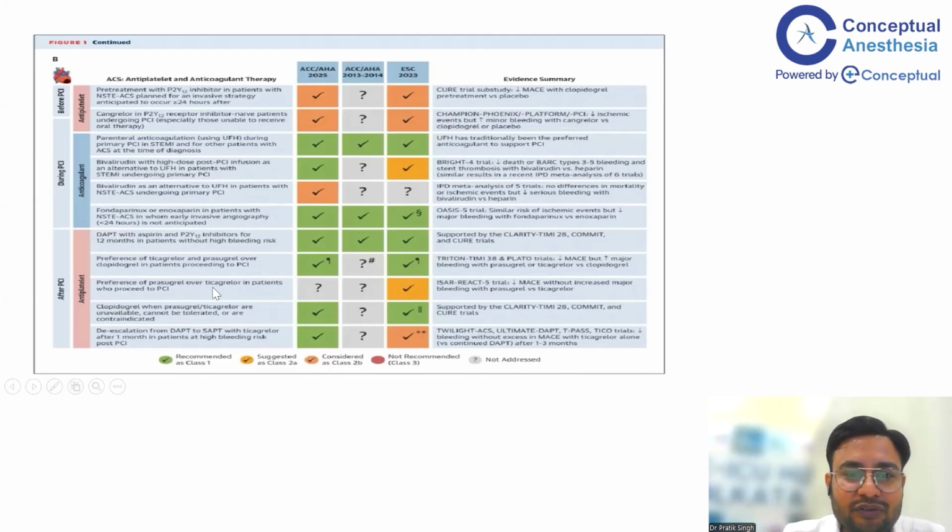Preference of prasugrel over ticagrelor in patients who proceed to PCI is still questionable. And clopidogrel should not be given, except when prasugrel and ticagrelor are unavailable, cannot be tolerated, or are contraindicated. De-escalation from DAPT, dual antiplatelet therapy, to single antiplatelet therapy with ticagrelor after 1 month is a strong recommendation, already discussed.